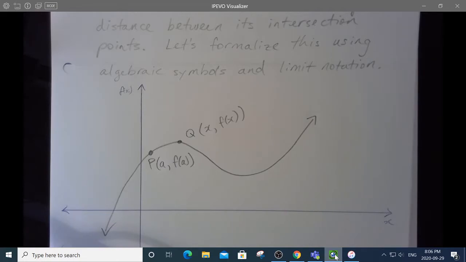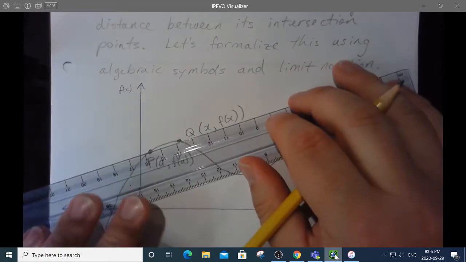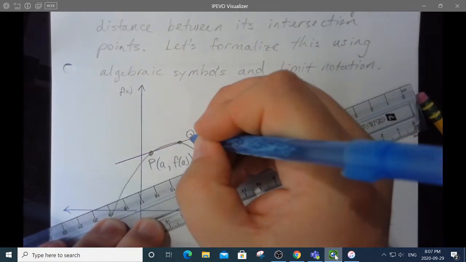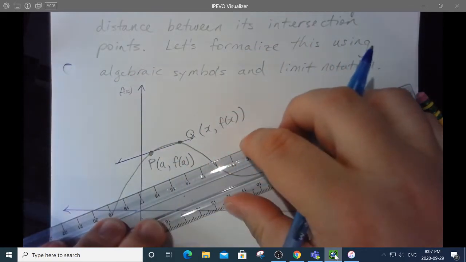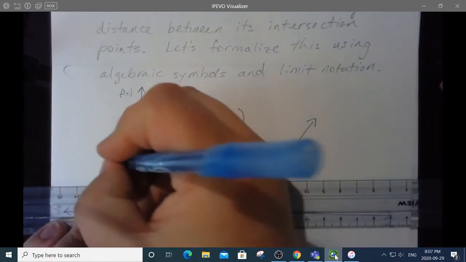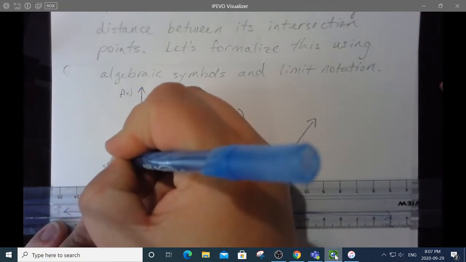And a secant line, of course, is the line that joins those 2 points like so. My goal is to continually shrink the distance from P to Q. This is my secant.